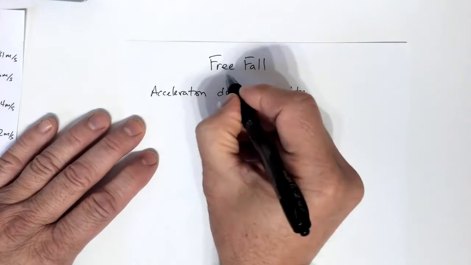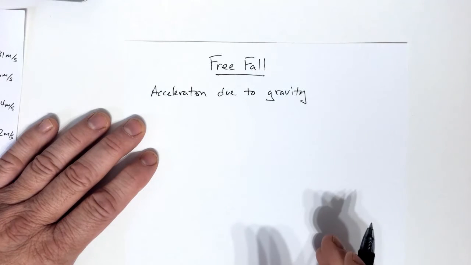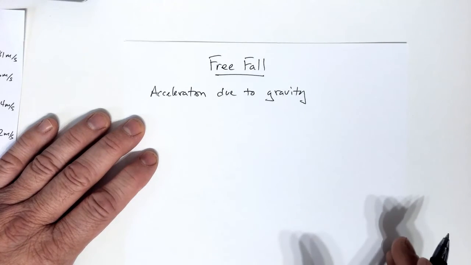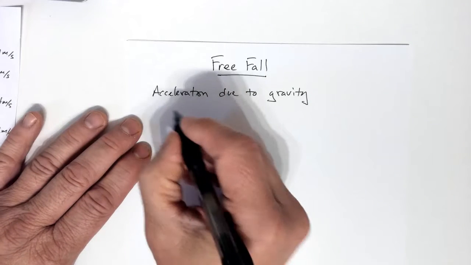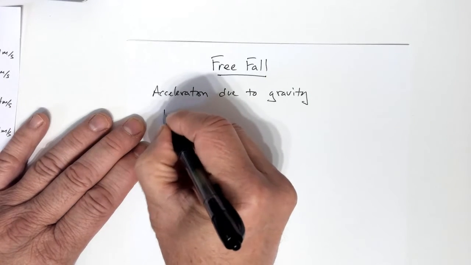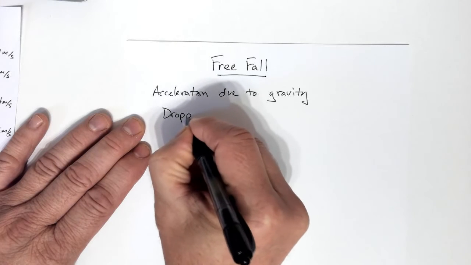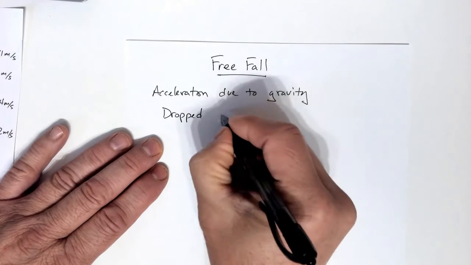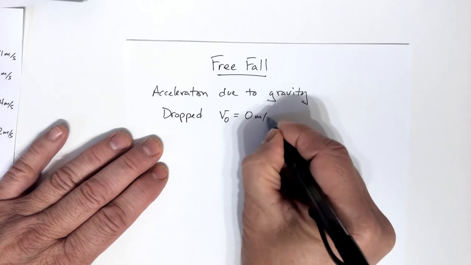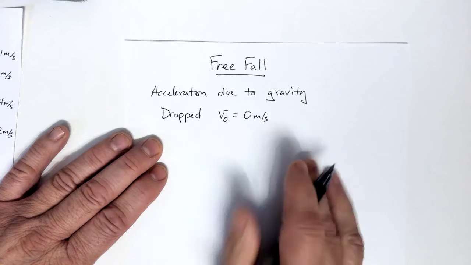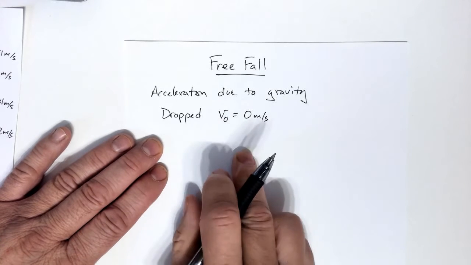And so as we talk about this, I just want to give you a couple scenarios that help you answer questions better. So we want to understand that we have two ideas. We have to understand that when we mention the word drop, so something is dropped, okay? We want to know that our initial speed is going to be 0 meters per second. But at the same time, we now have a new idea.